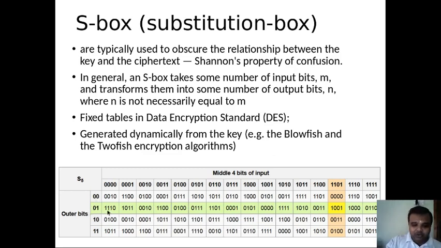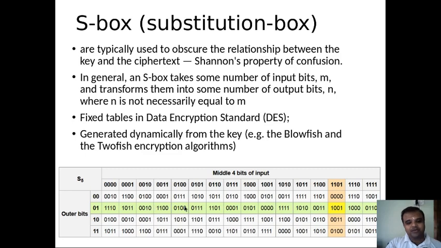You have 6 bits of data. The outermost bits, the 1st bit and the 6th bit of the 6 bits, get considered as the row. So if the outer bits were 0 and 1, that goes in as the row, and whatever comes in the middle goes in as the column.